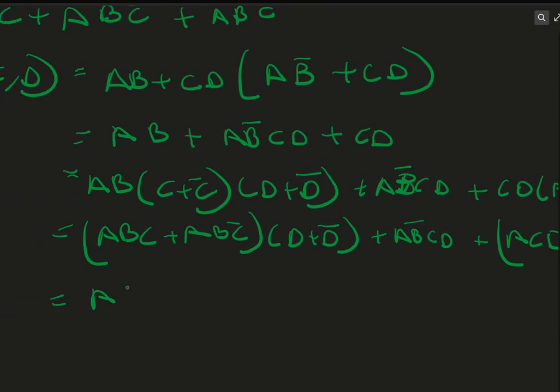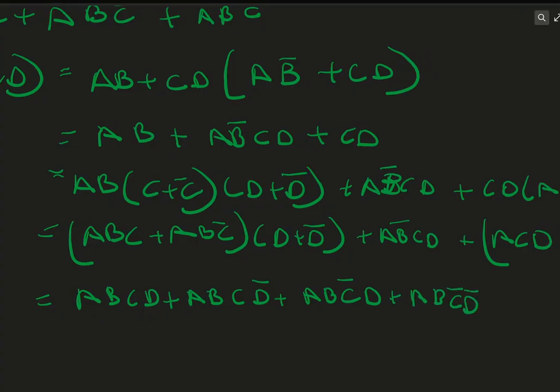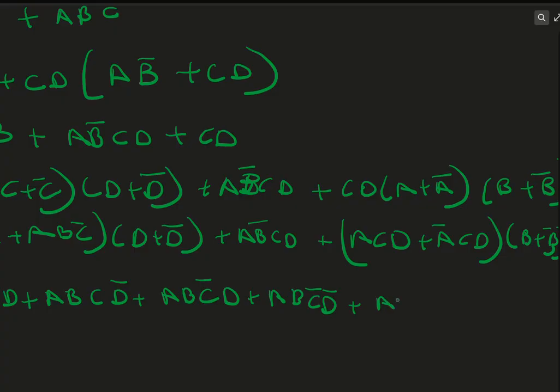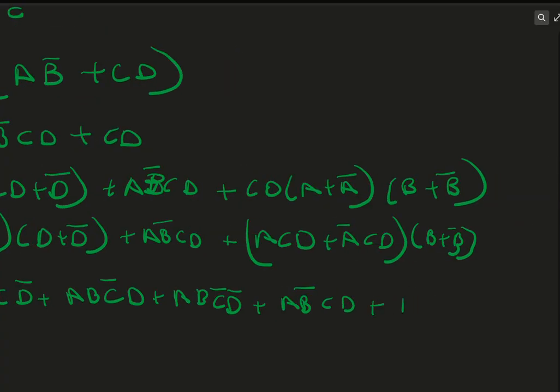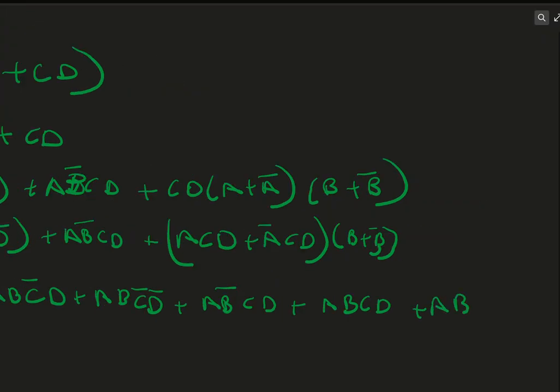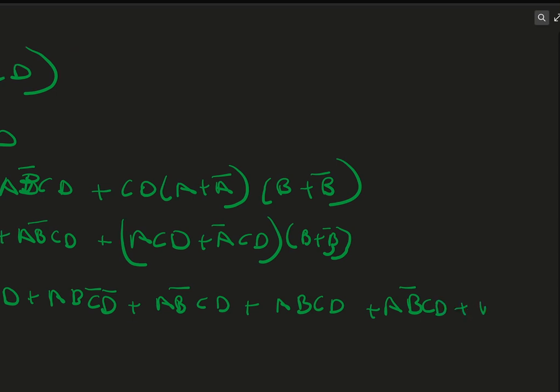So A B C D plus A B C D prime plus A B C prime D plus A B C prime D prime plus A B prime C D. So we get A B C D plus A B prime C D.